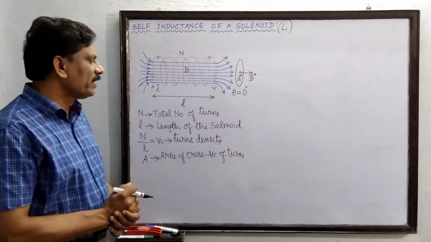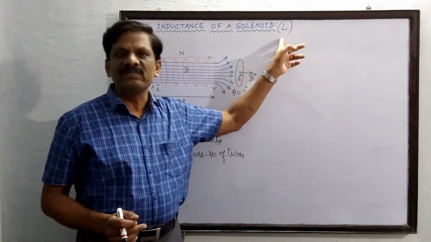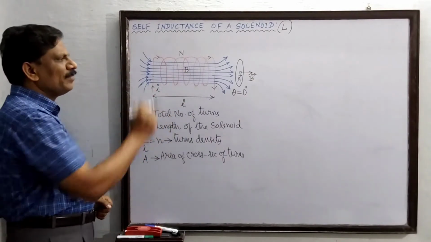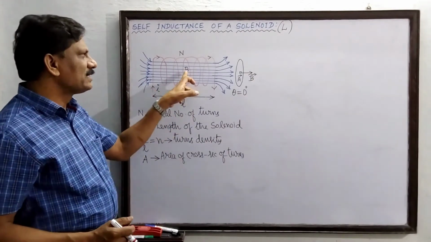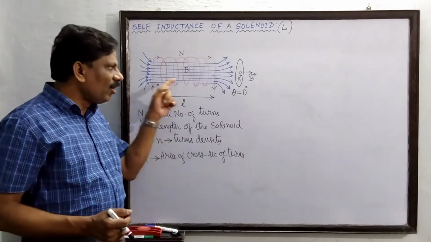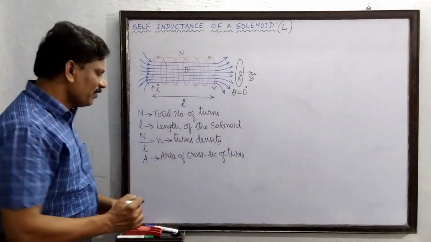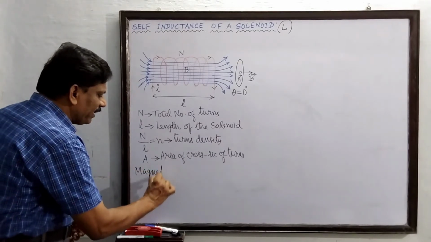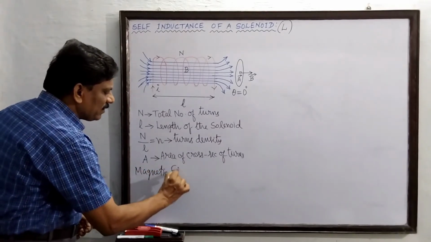Now we are going to derive the expression for the self-inductance of the solenoid. Okay students, if capital B is the magnitude of the magnetic field along the axis of the solenoid, we have already studied the expression for the magnetic field along the axis of the solenoid.